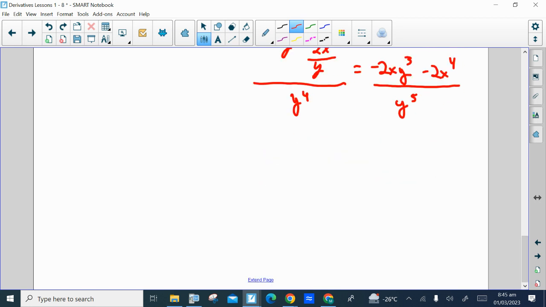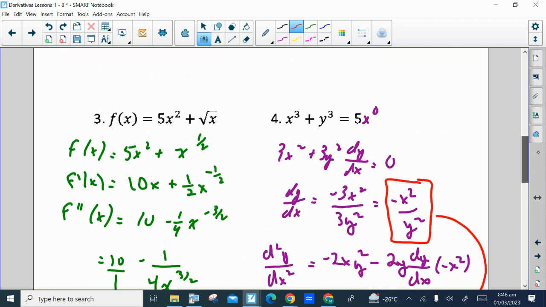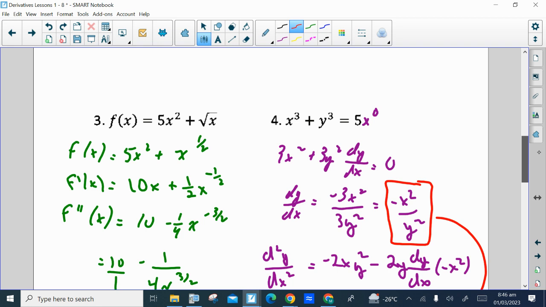What we can do next is on top, there is a common factor there of negative 2x that we could take out, which will leave us with y cubed plus x cubed as our second factor. And that y cubed plus x cubed we can simplify because at the very start we are told that x cubed plus y cubed is equal to 5.